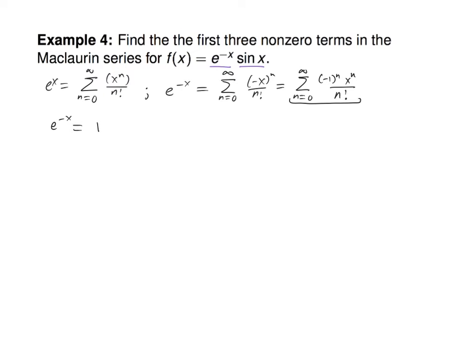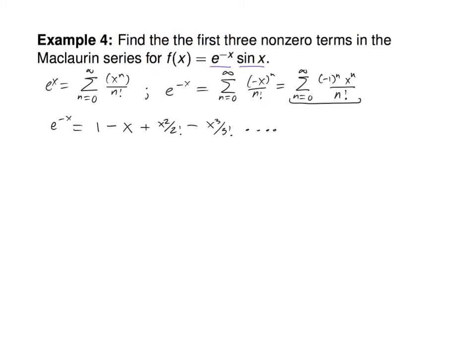Then when you input 1 for n, you get negative x to the first over 1 factorial, which is just x. How about when n equals 2? Positive x squared over 2 factorial, which is just 2. Then minus x cubed over 3 factorial. Do you get the pattern from there?